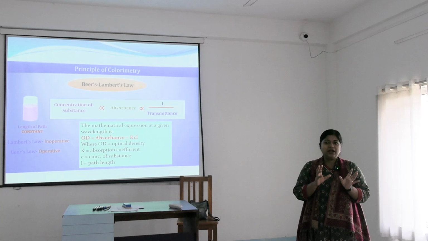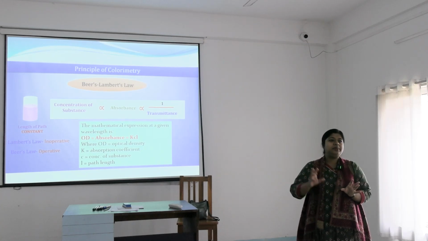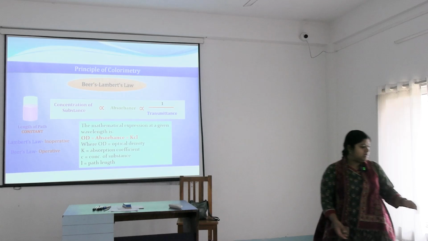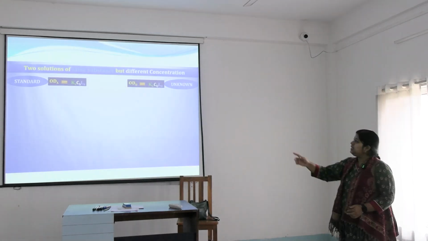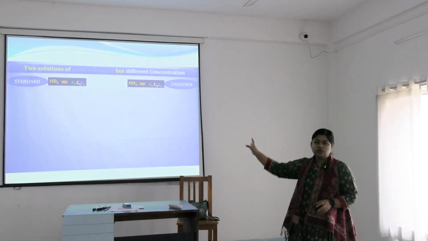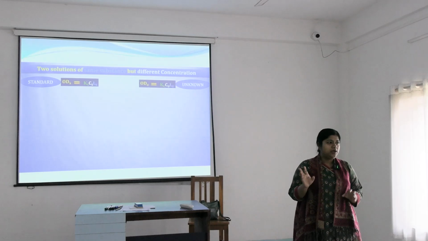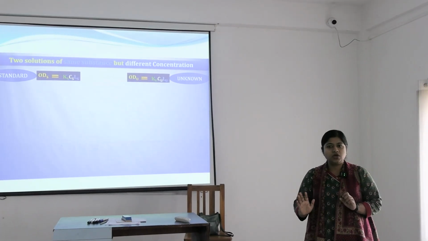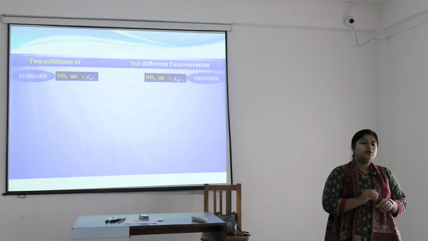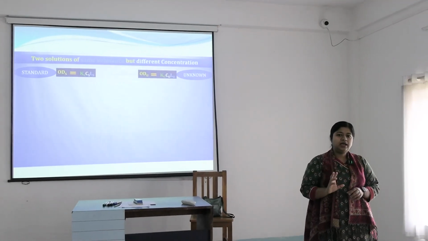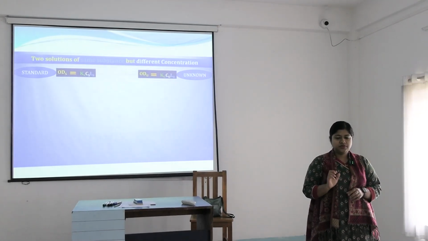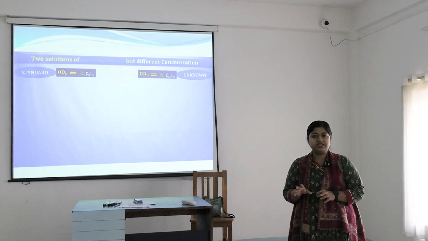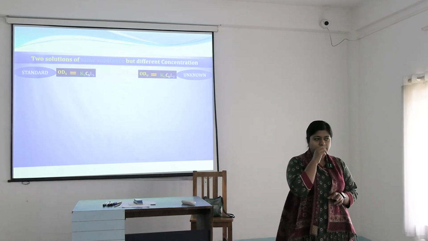So OD or absorbance will be directly proportionate to concentration only. How will we show this? See, if we take two solutions, okay, one with known concentration, another with unknown concentration, and we estimate the absorbance in the machine. Okay, absorbance can be measured, OD can be measured in our colorimeters or spectrophotometer.